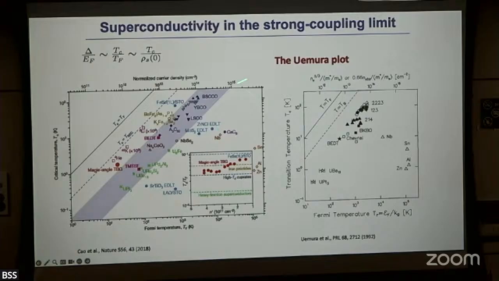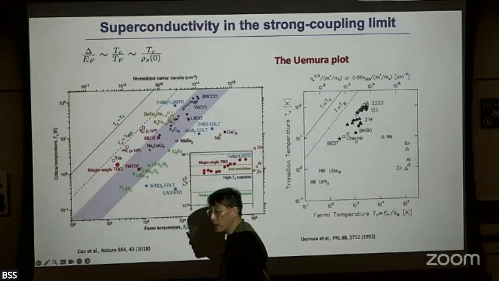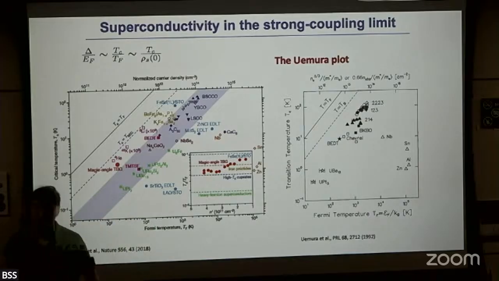Indeed, the proper way of plotting this Uemura plot is measuring the TC of the system and measuring the superfluid stiffness at the zero temperature limit, and showing where it lies on the Uemura plot. That becomes important, right? Okay, so that's the part.